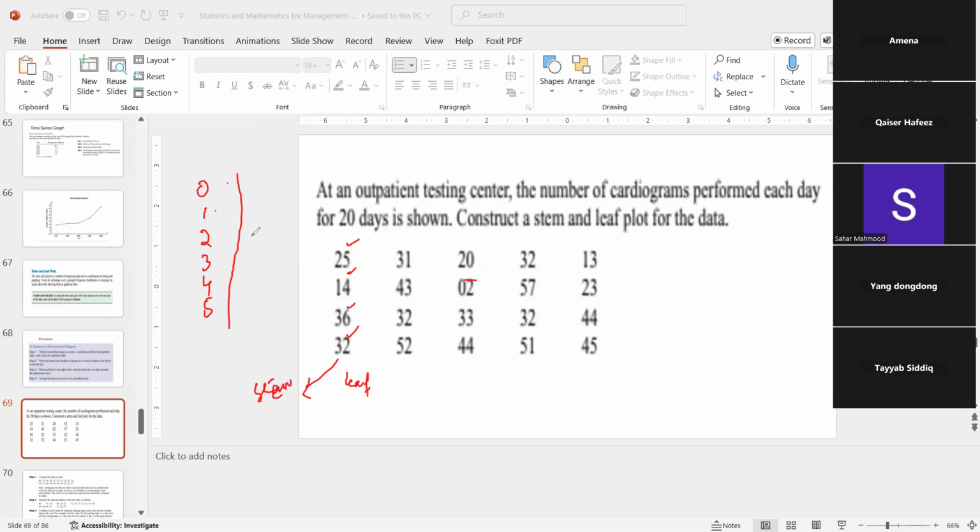Now 25 would have a 5 over here. Then we have 31, 1 would be plotted here. Then we have 20, let's plot a 0 over here. Then we have 32. Then we have 13 over here. Then we have 14. Then we have 43.